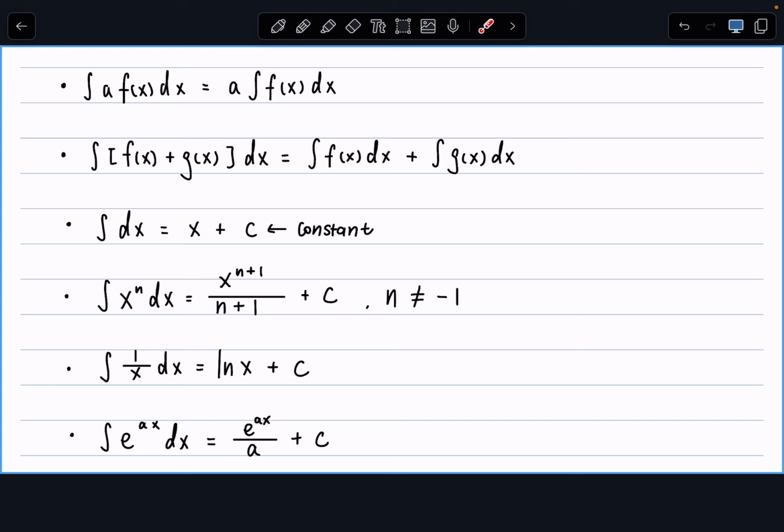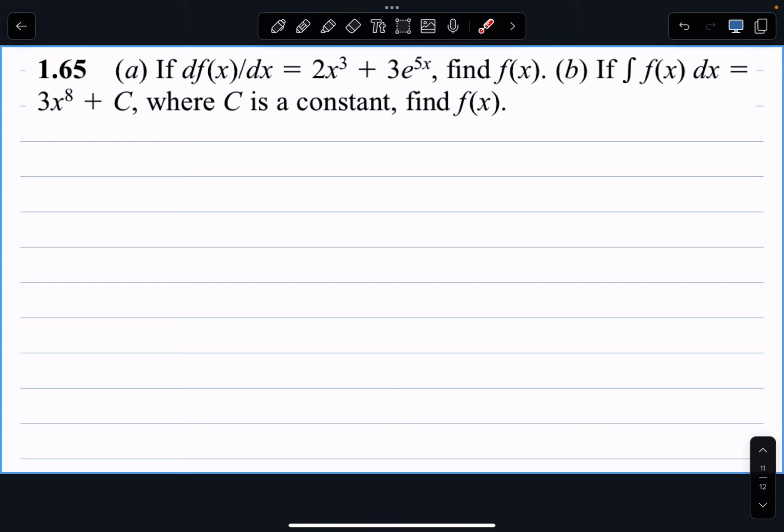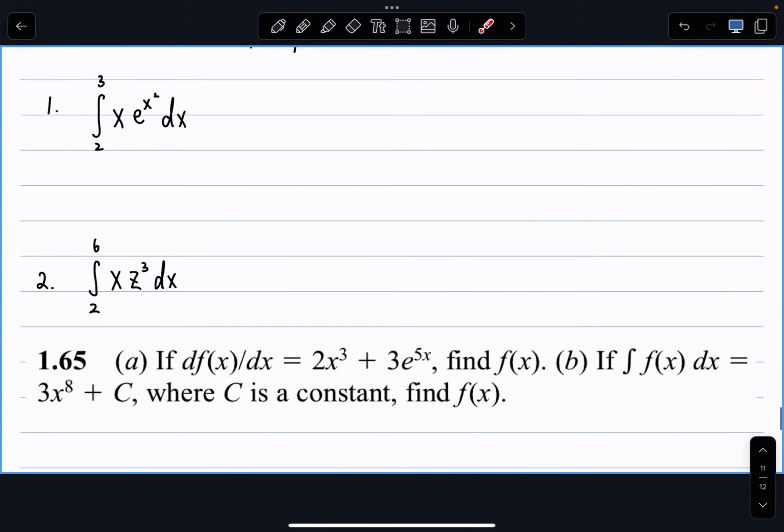Okay, but before we move on, let's look at one quick question together as an example problem. We have two more calculus or integration examples you can practice on yourself, and you can find the answers to these two problems in our annotated note.